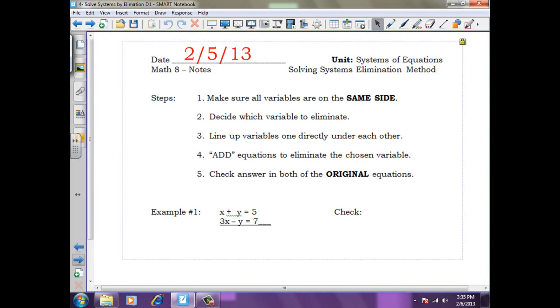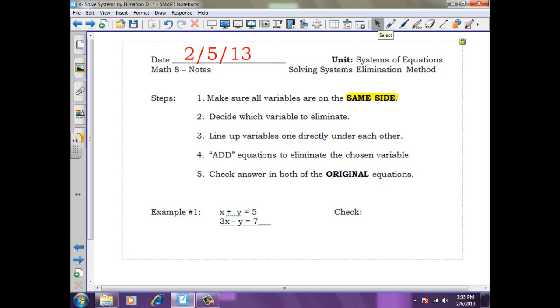Let's get started. You have your notes in front of you, and our steps indicate that we should be making sure that all variables are on the same side. This is different than when we were graphing. We want to make sure our x and our y are on the same side of the equation.